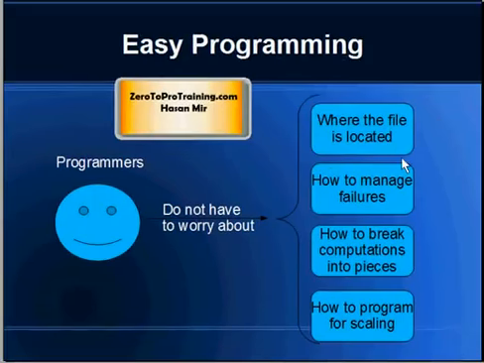The master node is there to manage that. And also they don't have to worry about how to manage the failures. Hadoop is taking care of that. And also they don't have to break the bigger computation down into smaller pieces. That is the task for Hadoop. It's going to break the computation down and will send the smaller tasks to the individual nodes.